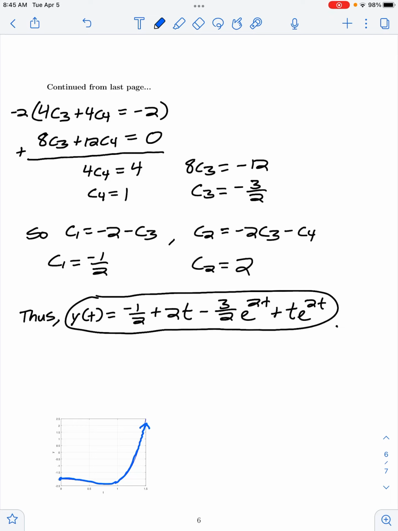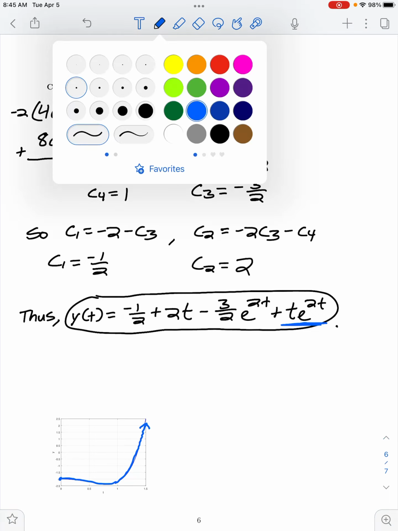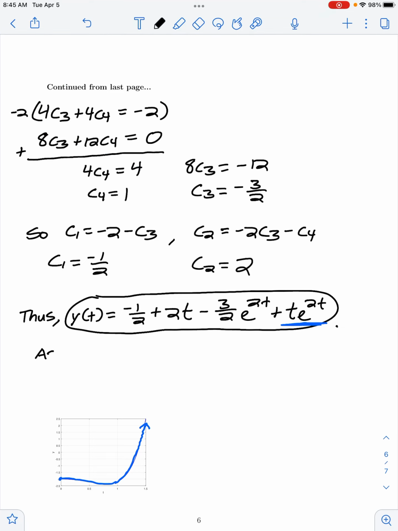As t becomes large, this last term, t times e to the 2t, is growing more rapidly than any of these previous terms. So that last term dominates our growth. And we see that as t increases, our solution, y of t, will increase towards positive infinity.